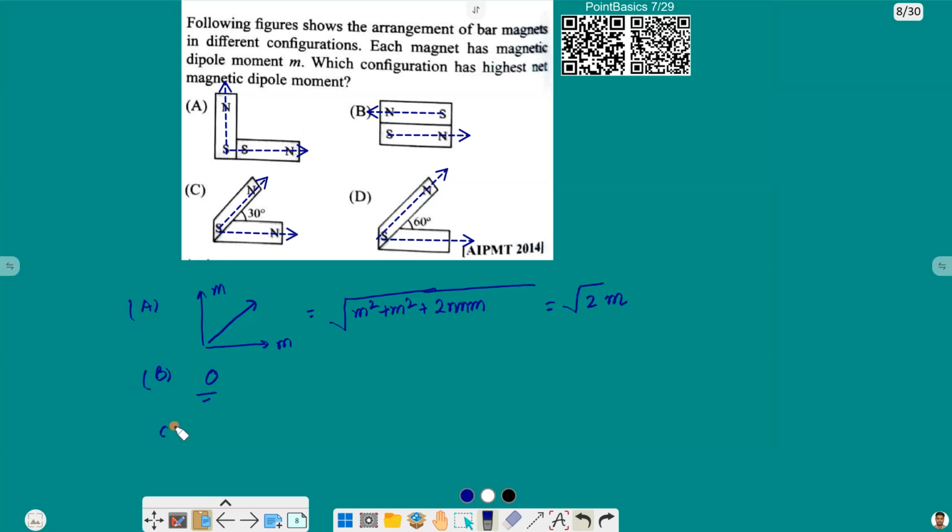In option C, both vectors are at 30 degree angle, so their resultant will be m square plus m square plus 2m square cos of 30, that is root 3 by 2. So it will be 2m square plus root 3 m square.